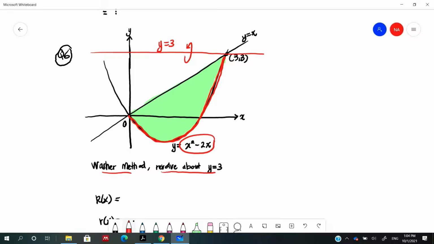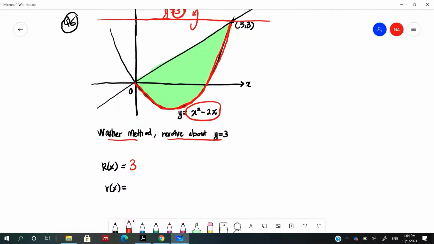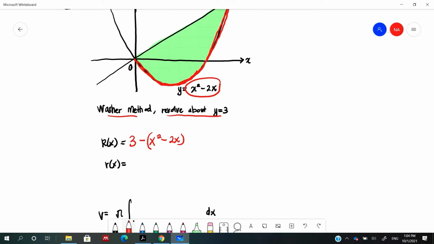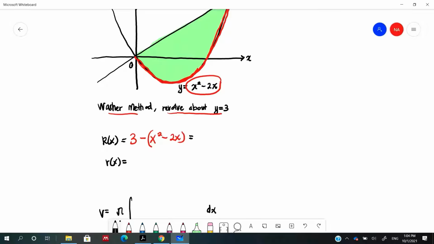But the axis of rotation is higher than that function, so we write the axis of rotation first: 3 minus the bracket of x squared minus 2x. Simplifying, we have 3 minus x squared plus 2x. That is the outer radius.